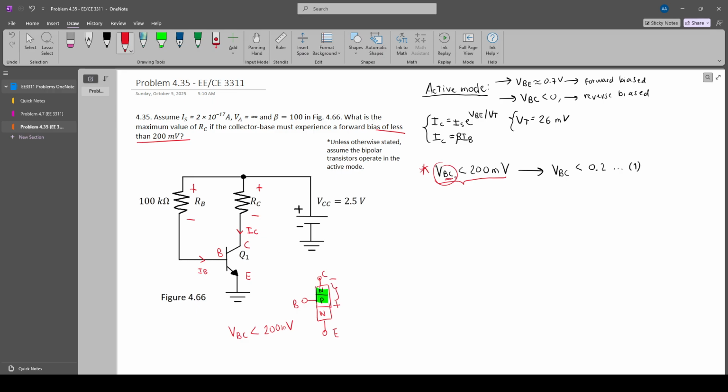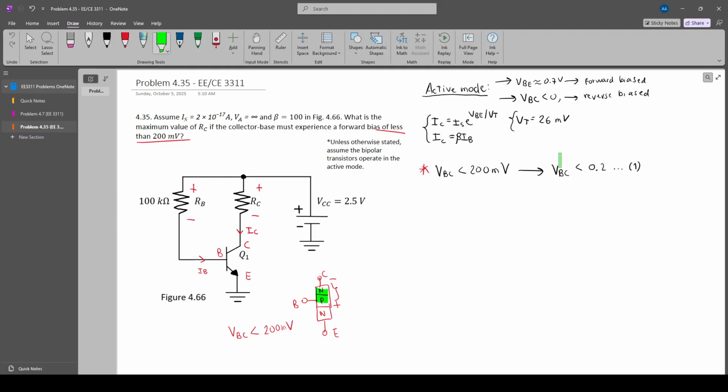So it behaves like active mode. It has not reached deep saturation. So we can still work with the active mode equations, even though the BC junction is kind of forward biased instead of truly reverse biased with a negative value. So we can safely work with that.